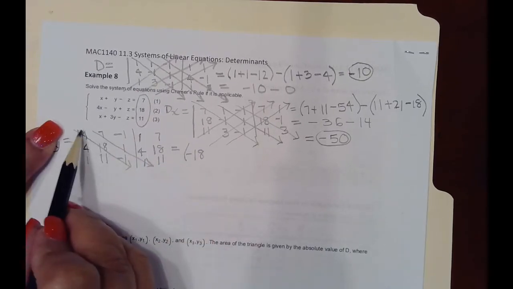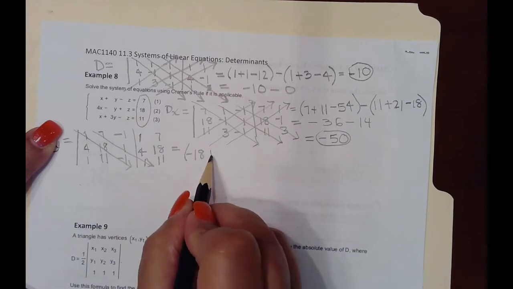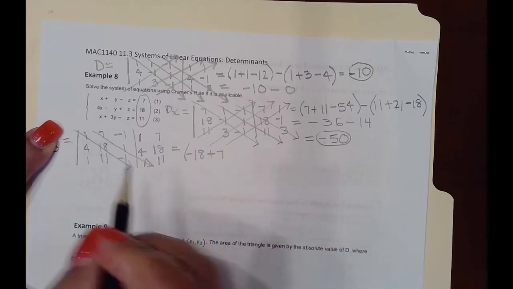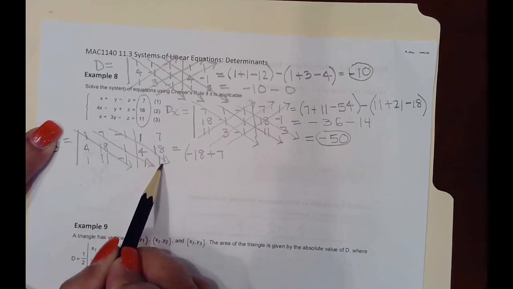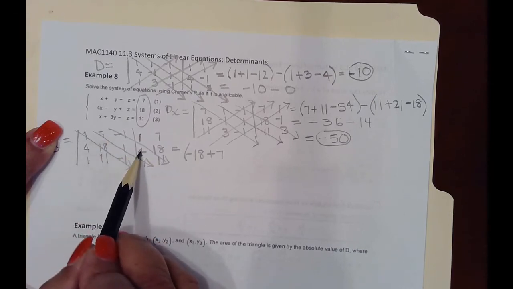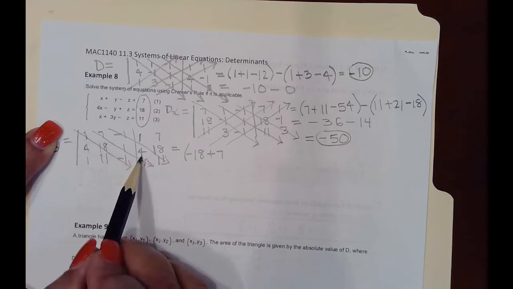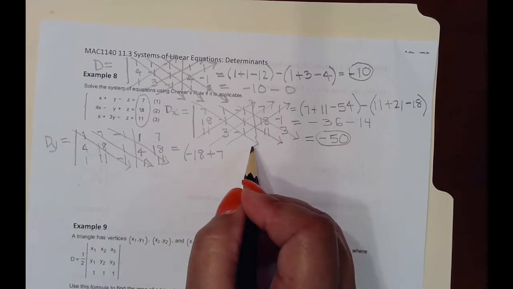Okay, and then when I copy this, this is positive 7. And then when I do this last downward product, that's 1 times 4 times negative 1 times 4 times 11, that's negative 44.